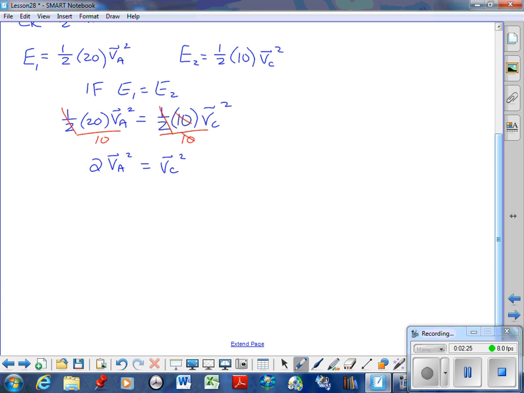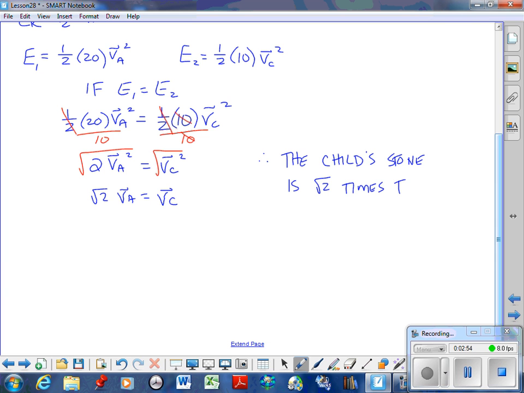If we take the square root of both sides, we get that root 2 multiplied by the velocity of the adult stone is equal to the velocity of the children's stone. So therefore, the child's stone is root 2 times faster than the adult stone.